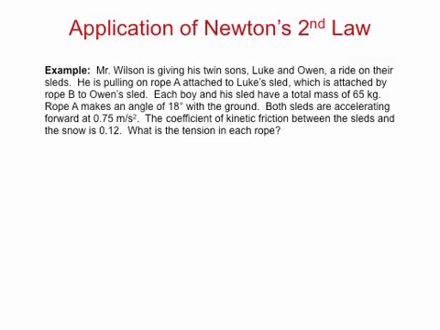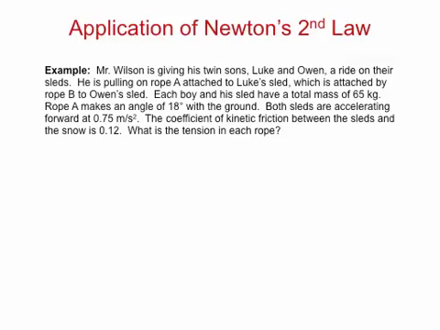Rope A makes an angle of 18 degrees with the ground. Both sleds are accelerating forward at 0.75 meters per second squared. The coefficient of kinetic friction between the sleds and the snow is 0.12. What is the tension in each rope?